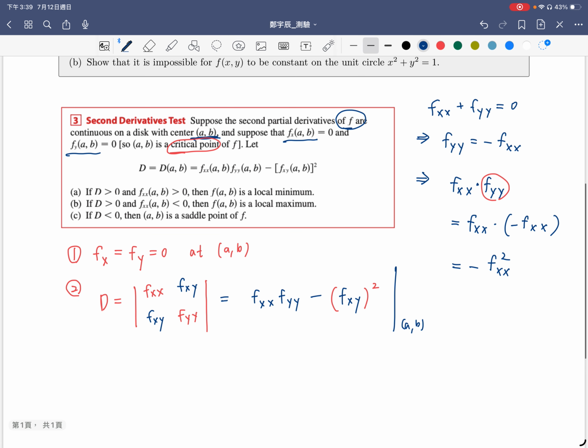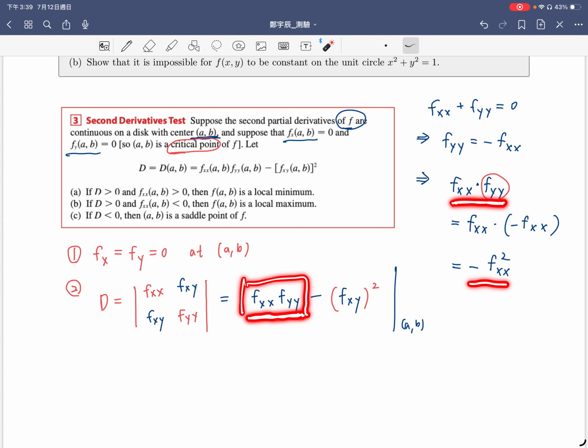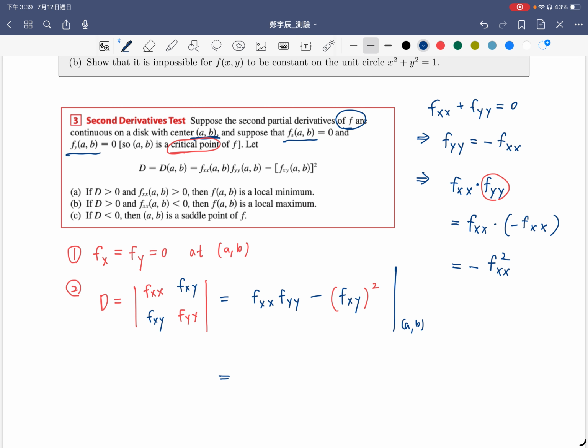And now get back to the theorem. The determinant fxx fyy minus fxy squared simply equals negative fxx squared minus fxy squared. Now by observation, you can see something.